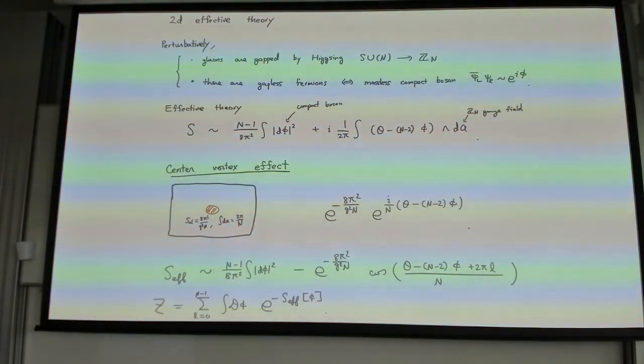The center vortex is characterized by this non-trivial field strength, and you can compute the vertex operator of this center vortex, basically giving the cosine potential for this compact boson. If you perform the dilute gas approximation, instead of having this topological coupling between phi and dA, you now get a cosine-type mass term for the compact boson field. And you can compute the partition function like this.